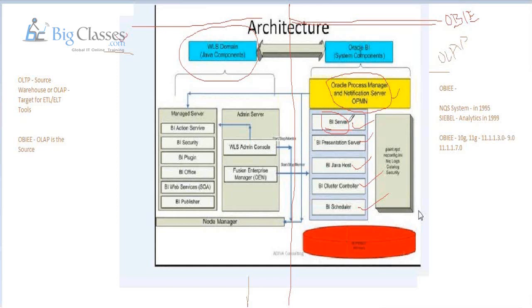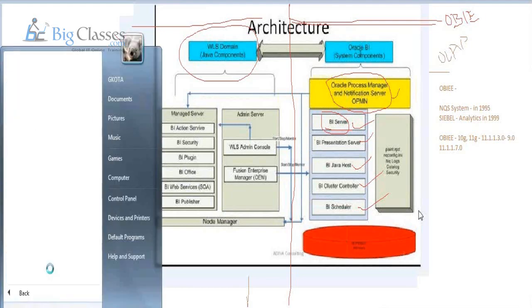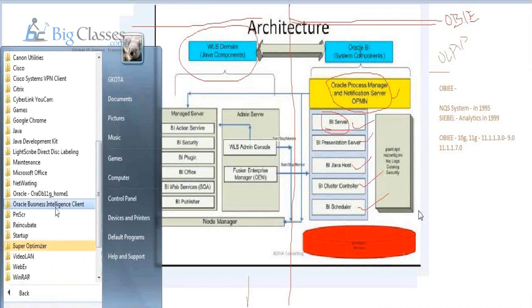In OBIEE, if you install the application, see, I'm showing here. I have installed the client, but if you install OBIEE applications, WebLogic server as well as OBIEE components will be installed.